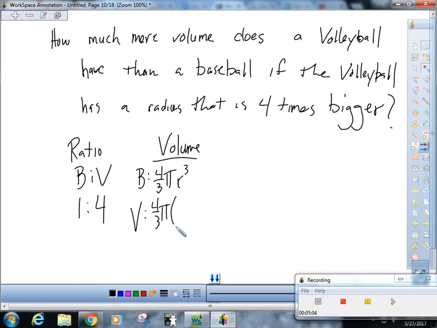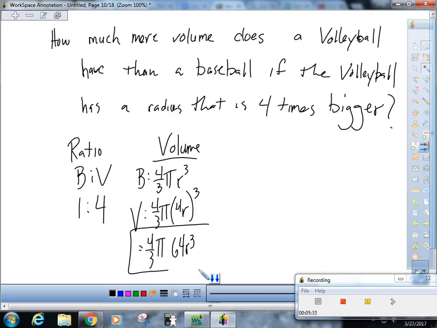Well, now this r is 4r cubed, which is equal to 4/3 times pi times, let's see, 4 times 4 is 16, times 4 is 64.